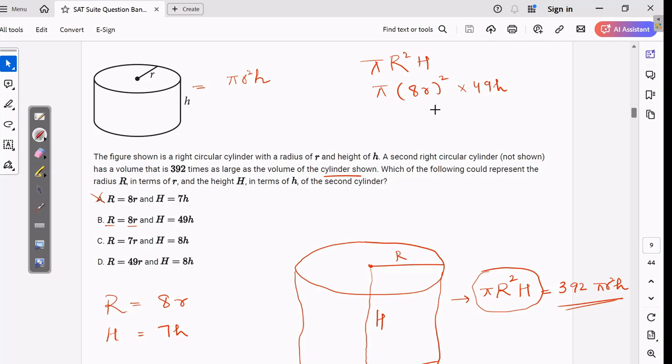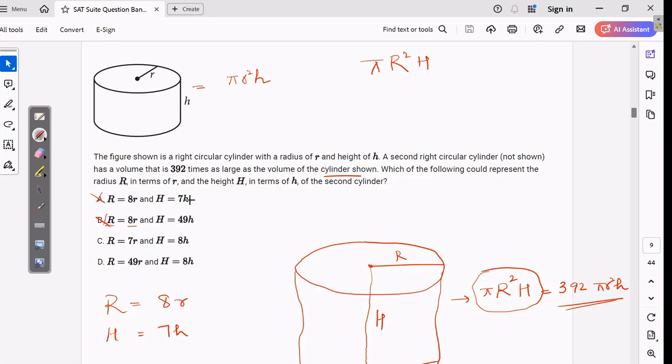64 times... No. Still no. Okay, so it's not option B. Try option C. So 49 times 8.